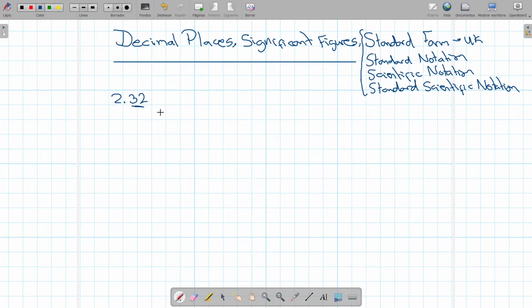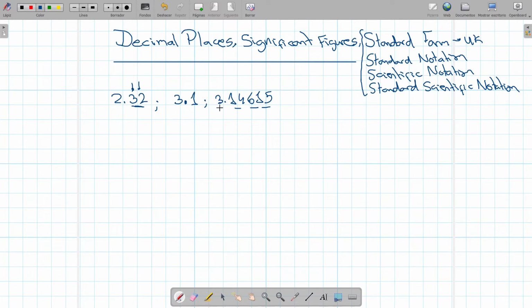If we want to write a number with one decimal place, for example, this is a number with one decimal place, and we can have a whole set of decimal places. Here we have 2, 4, 5. Okay, so decimal places are literally the places or the figures after the decimal point.